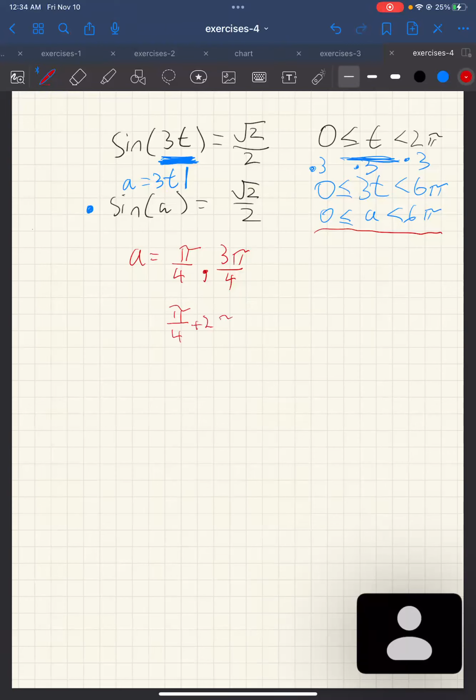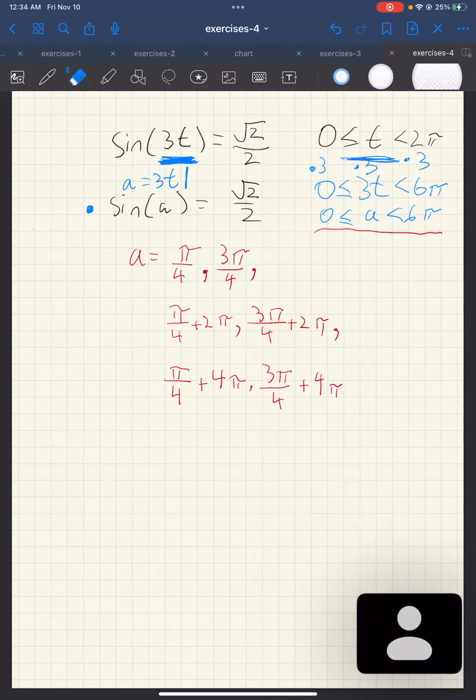I just add 2 pi. So that's for my next period. And then again, I'll add 2 pi, which adding 2 pi twice is just adding 4 pi. And there's nothing stopping us from simplifying these operations, from figuring out exactly what fraction this is supposed to be, but there's no reason that we have to even.